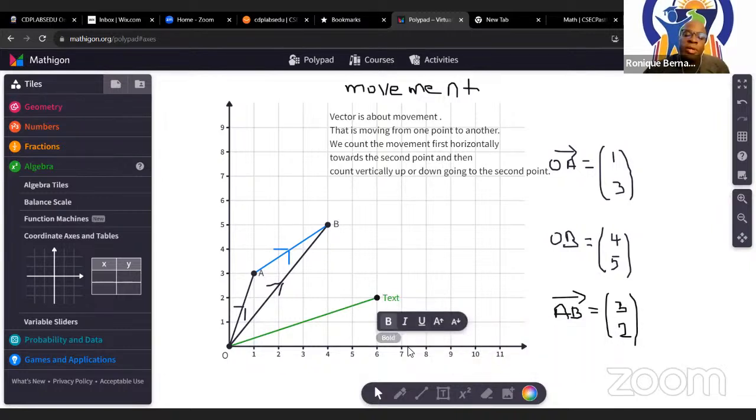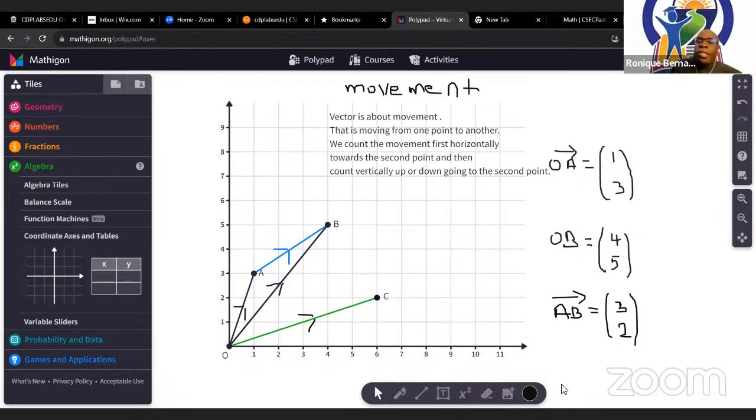What is vector OC, Brianna? Okay, do you want to try? That is vector point C. What is the vector? Let's draw the line. Brianna dropped off.